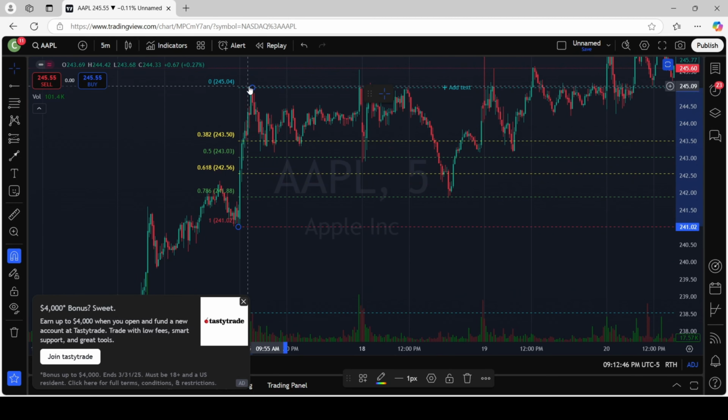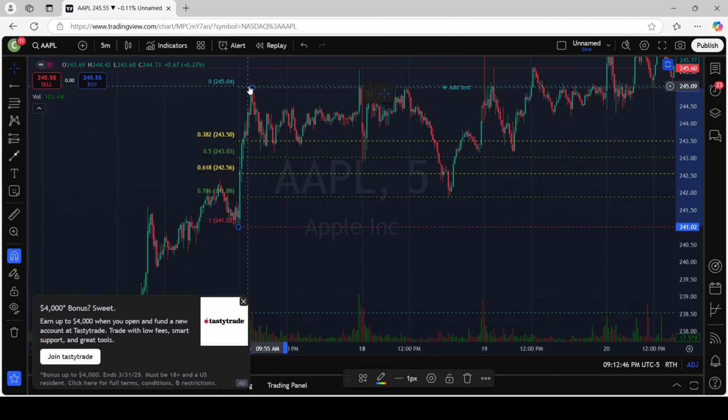All right, so 0.38. If I'm using the fib, I usually want to see the 0.5 level hit target. And y'all can write that down. That's what I usually want to see. I want to see the 0.5 level target and I want to see bullish momentum.